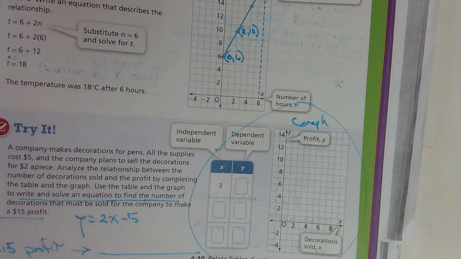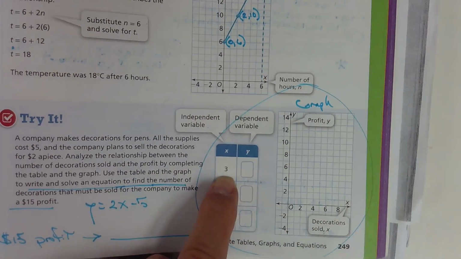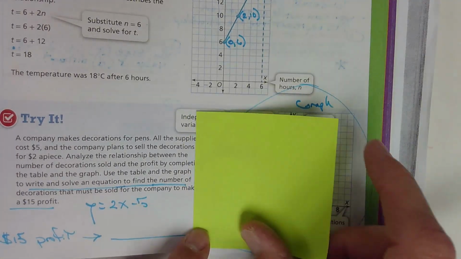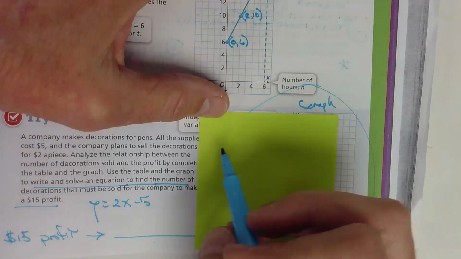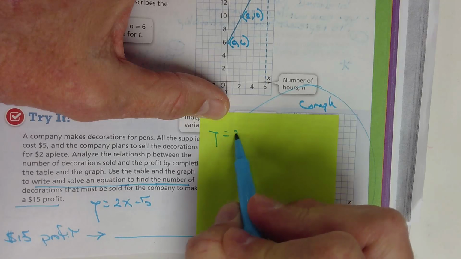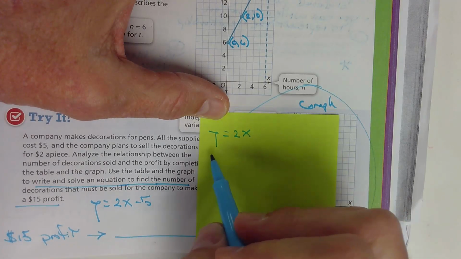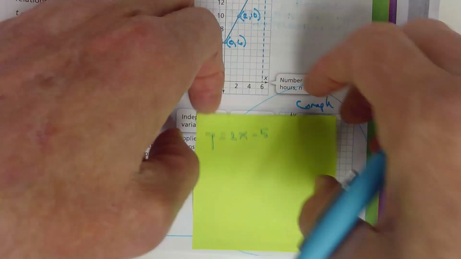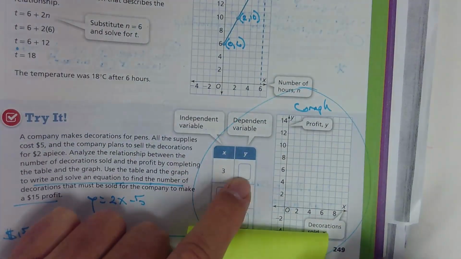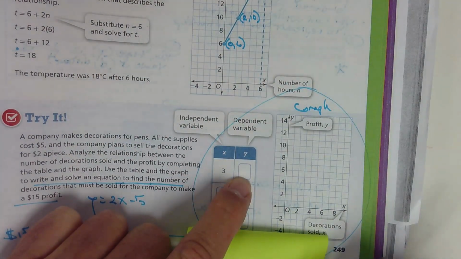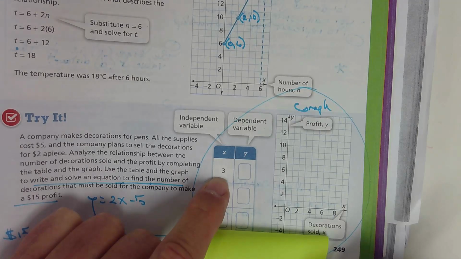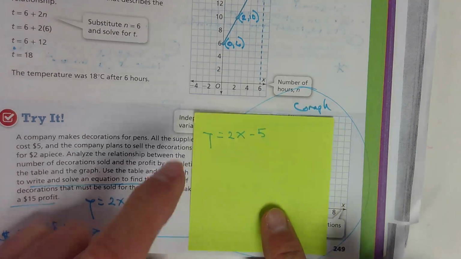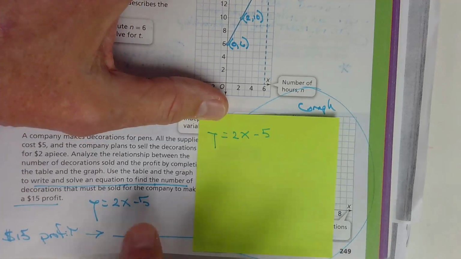And all you have to do is plug in the values to figure out what y is. So in this first one, x is 3. So I'm going to look at my equation. Y equals 2x minus 5. Okay? So go back to my chart here. I don't know what y is, but I need to find out. But I know that x is 3. So I'm just going to plug in x in my equation. This is the equation that I gave you.